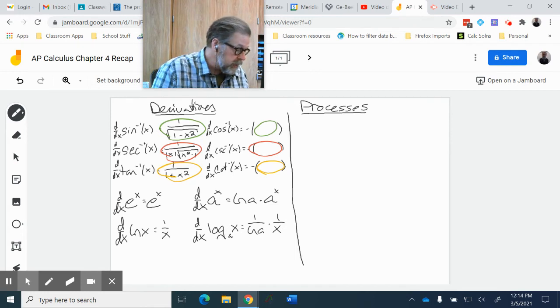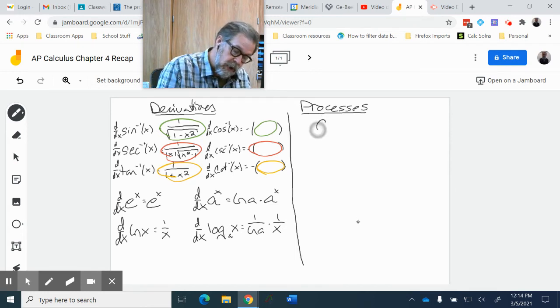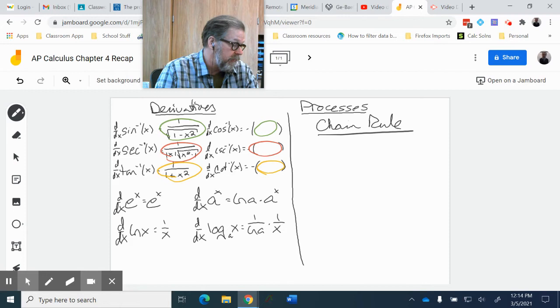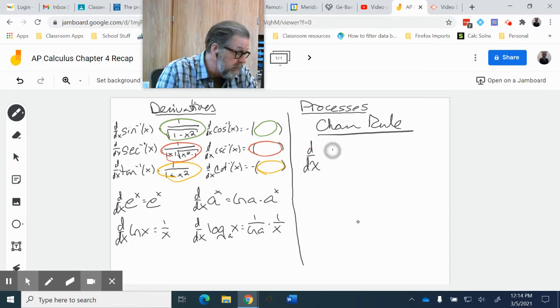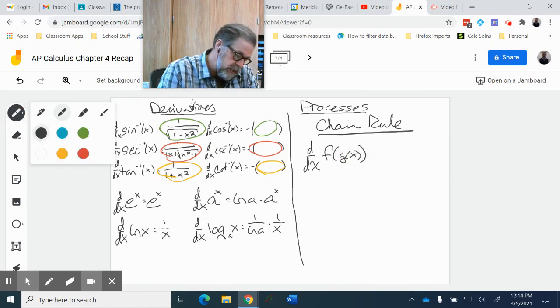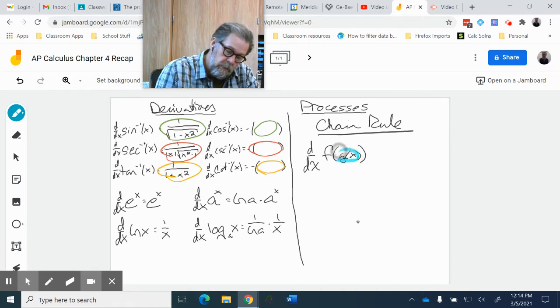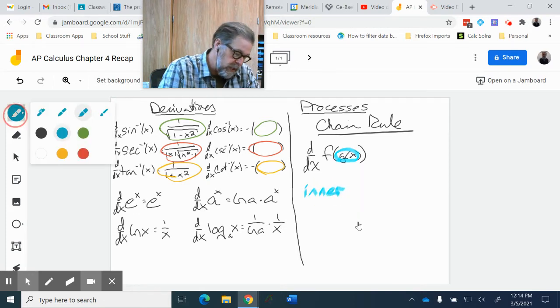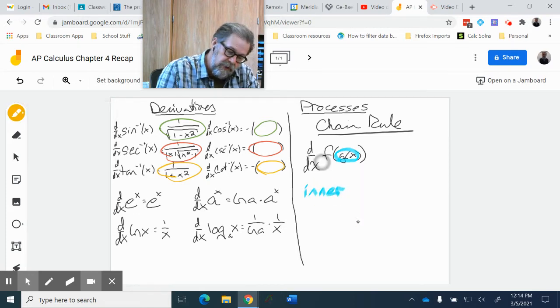Okay, so let's go to processes. I will start with chain rule. The chain rule says that if I have a composite function, the derivative of f of g of x, and I like to color code, this is the inner function and this is the outer function.